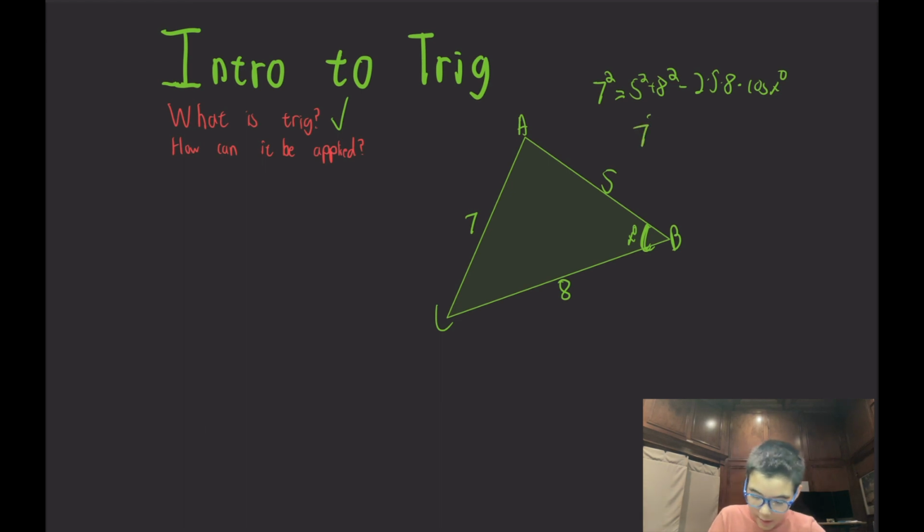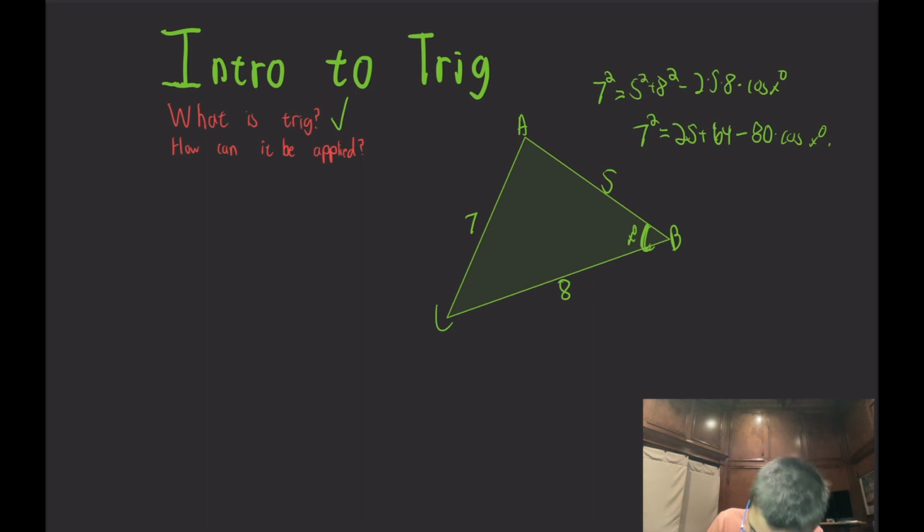So 7 squared is equal to 25 plus 64 minus 80 times cosine of x. Notice here we can find cosine of x, and then we can find x, but that's only hoping that cosine of x is something we can recognize, like square root of 2 over 2.